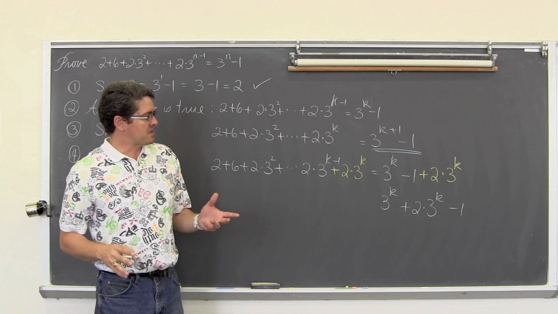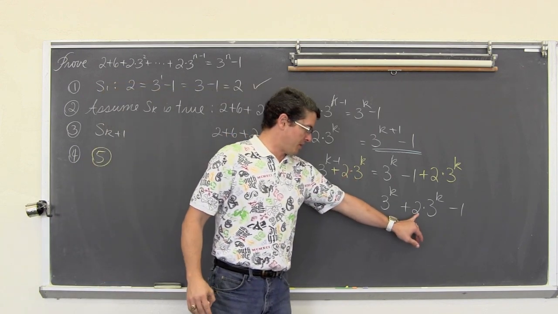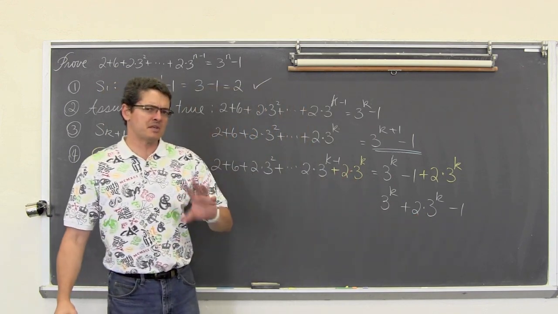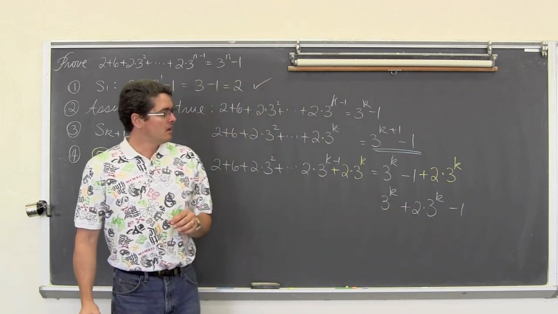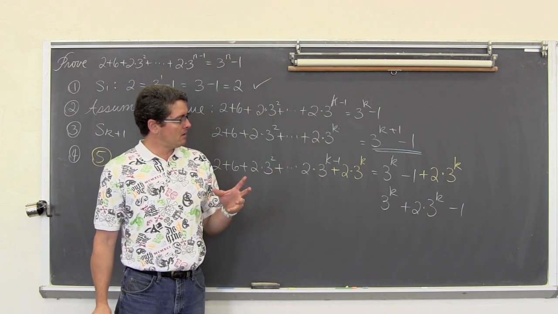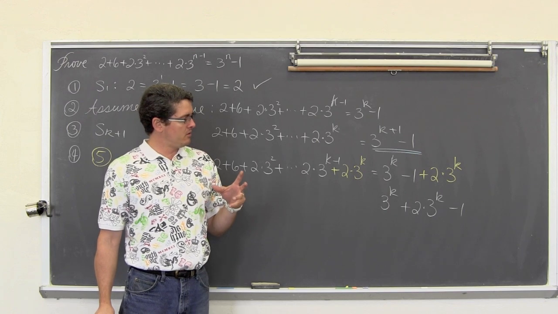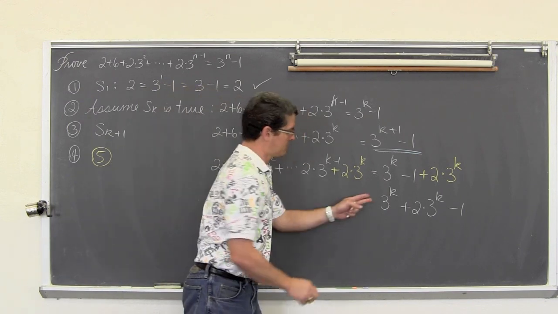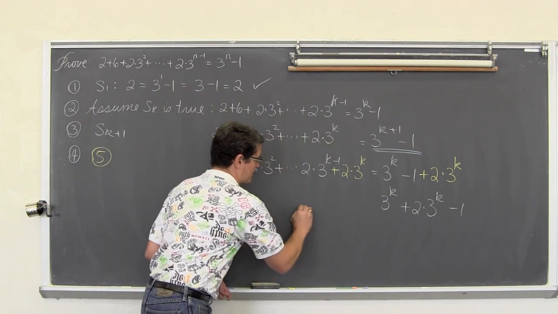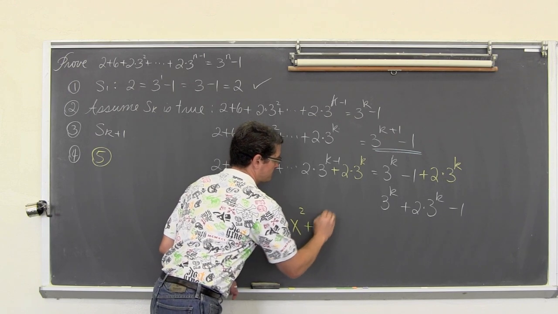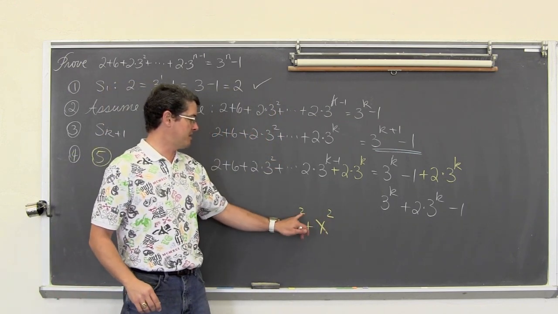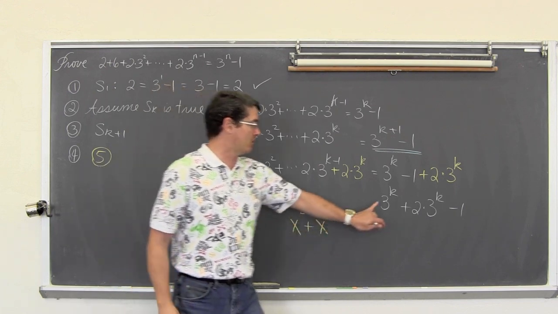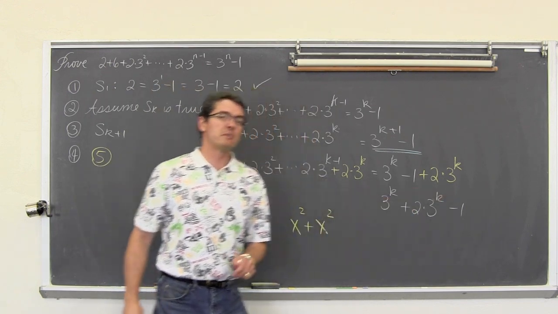A lot of students, if they're really struggling, might just do 2 times 3 is 6 and mess up the order of operations. They might want to go 3 and 3 is 6. But you want to look at this as if maybe in algebra you were doing x squared plus x squared, where you have like bases and like exponents, just like we have here, like bases and like exponents.